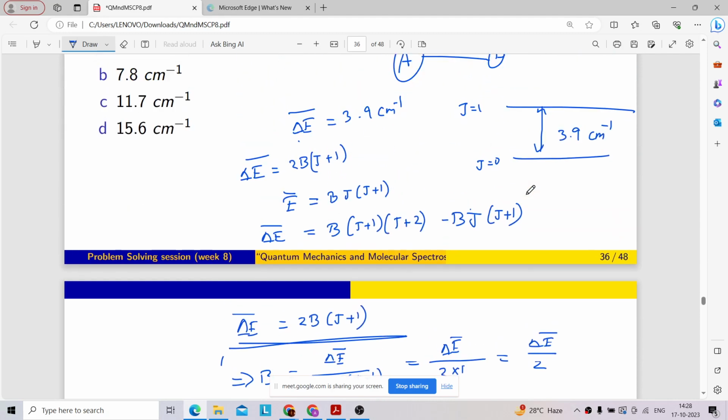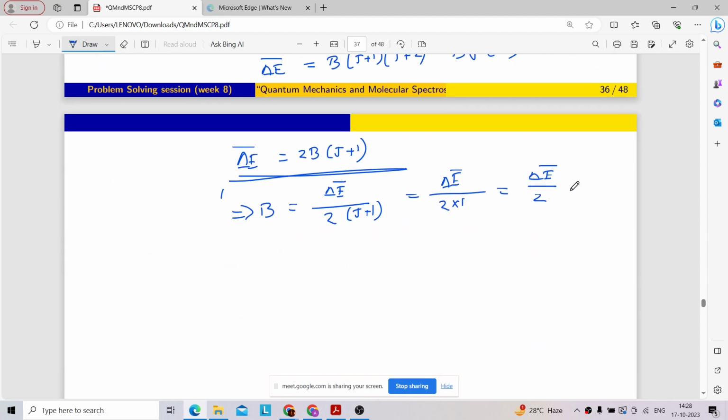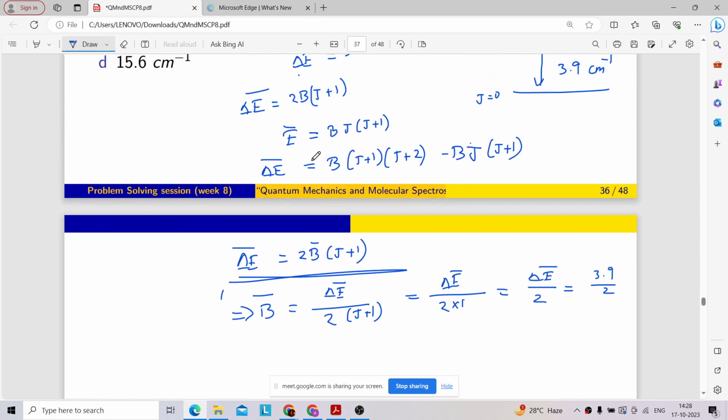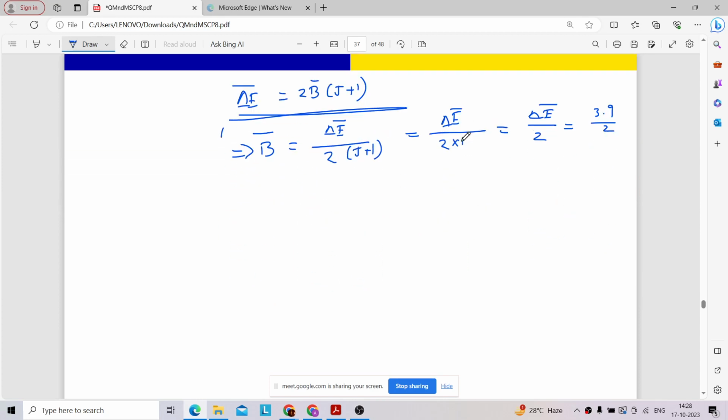Delta E bar is given as 3.9, so B bar will be 3.9 divided by 2, that means 1.95 centimeter inverse. Okay, so B bar we got.